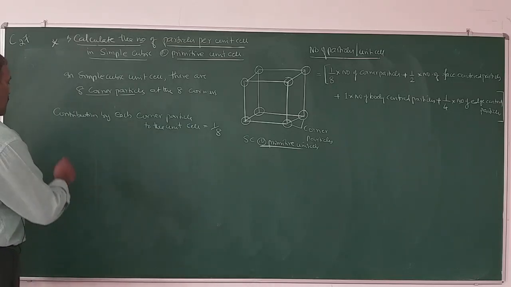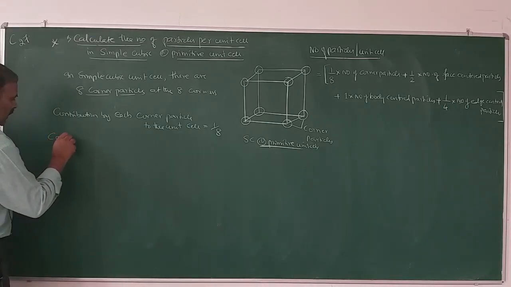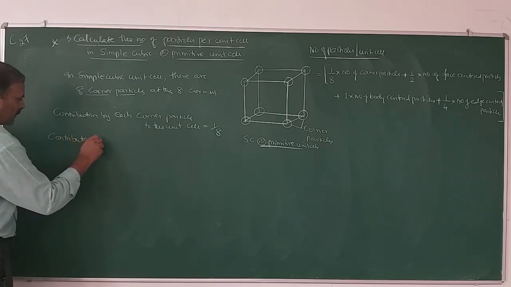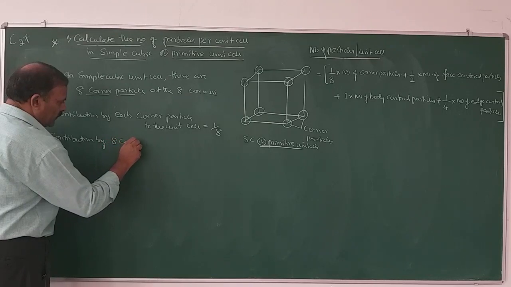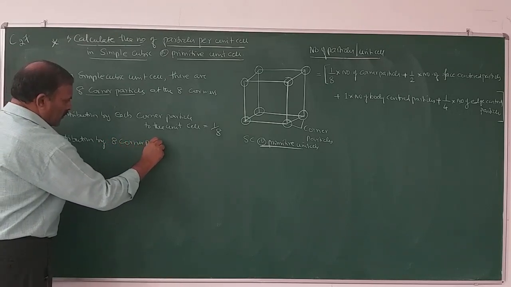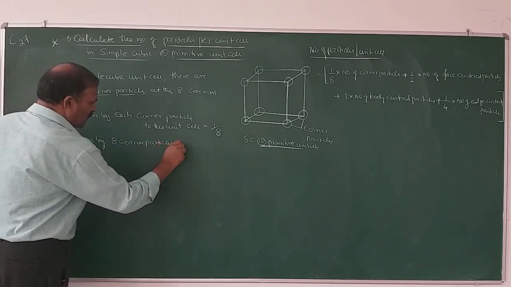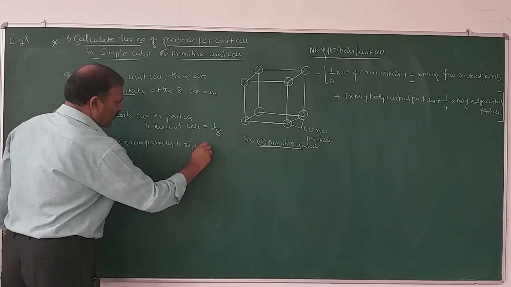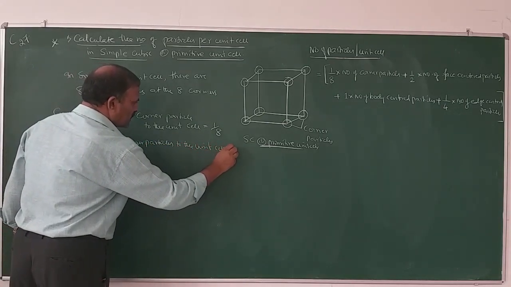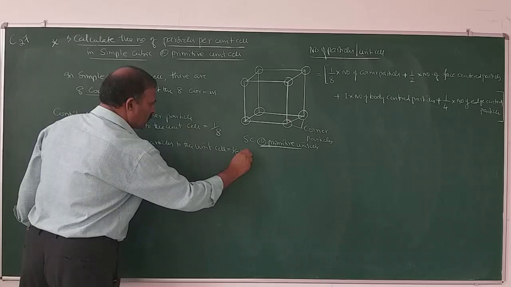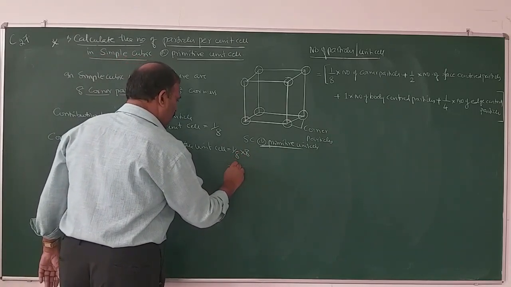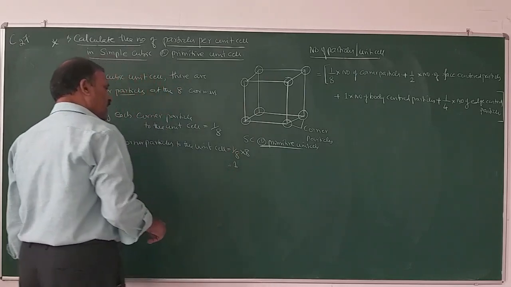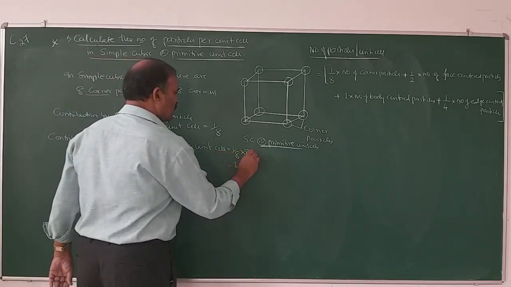So contribution by 8 corner particles to the unit cell is equal to 1 by 8 into 8, that is equals 1.